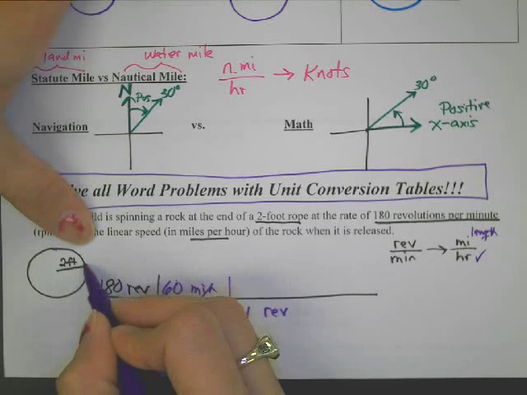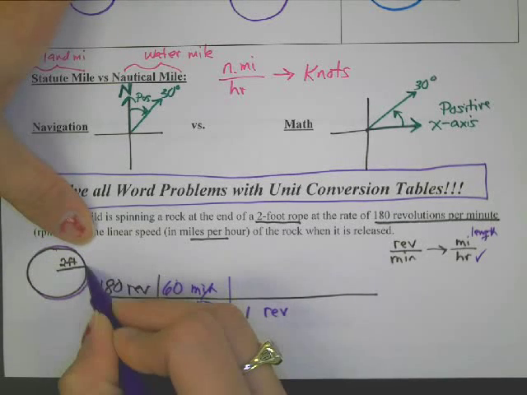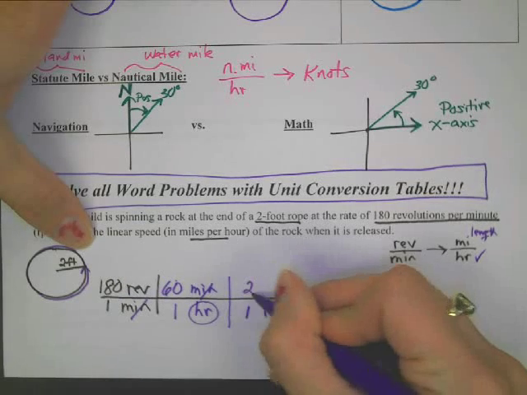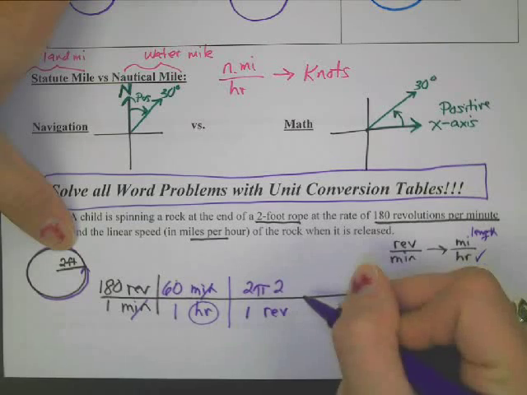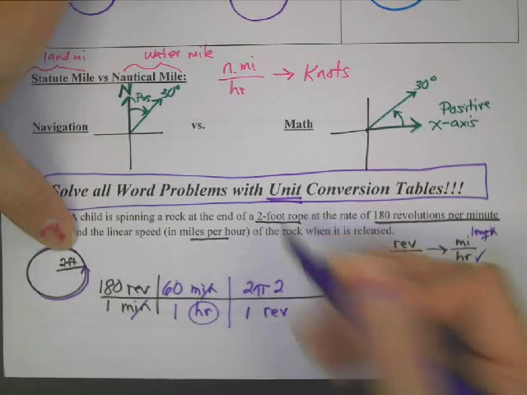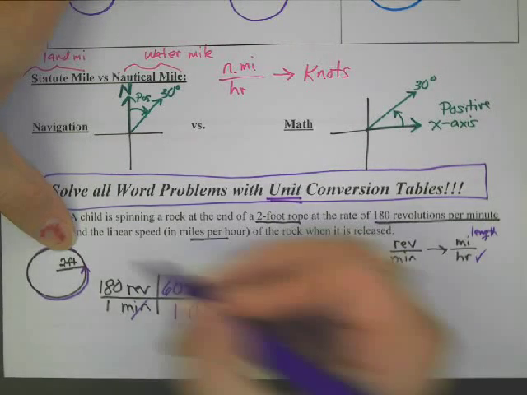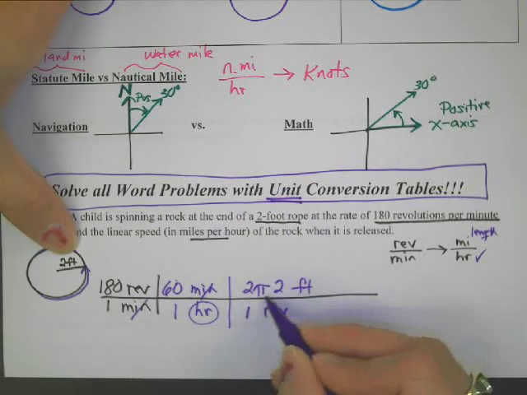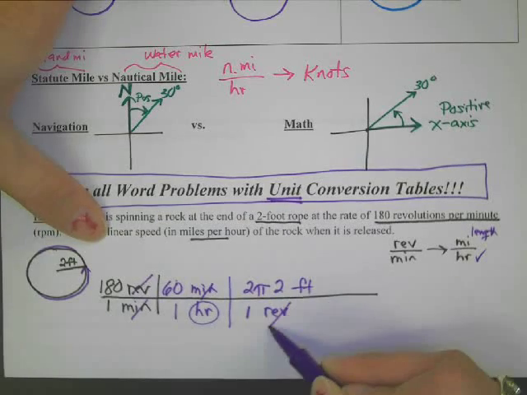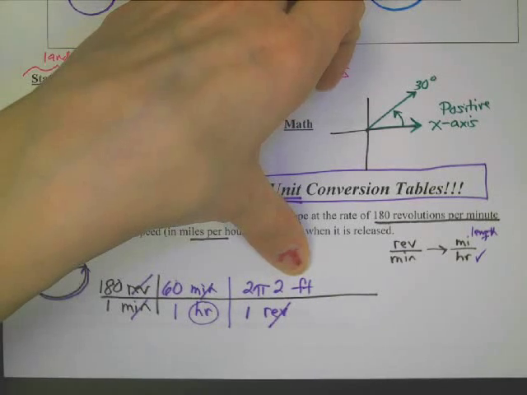So 1 revolution, I look at my circle, I'm going to have to do circumference. 2 pi r, and then you have to put a unit. This is a unit conversion. Without units, this table is useless. The units here are feet. Okay, 2 pi r feet. So the revolution cancels. Great, now we have feet.